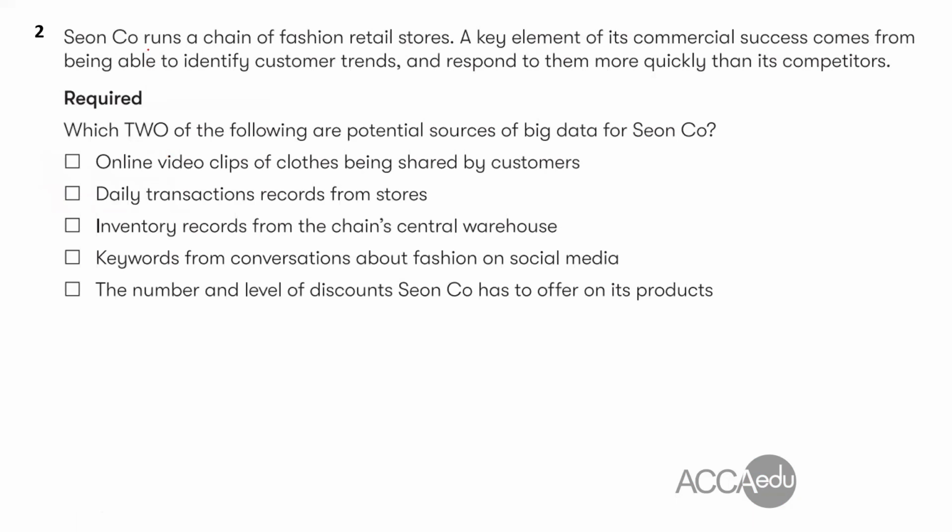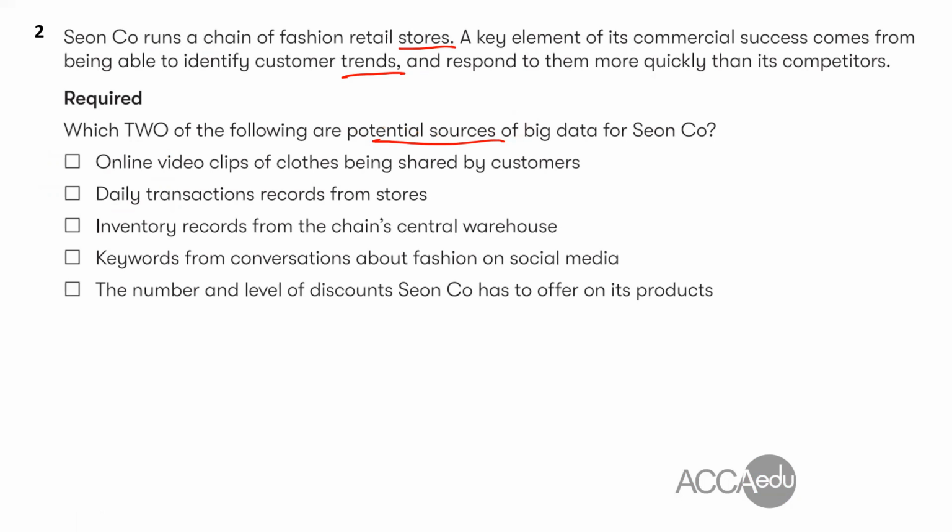Secondly, Sean Cole runs a chain of fashion retail stores. A key element is being able to identify customer trends. Which two are the potential sources of big data? The source of big data should come from externally, from customer trends, external to the organization.